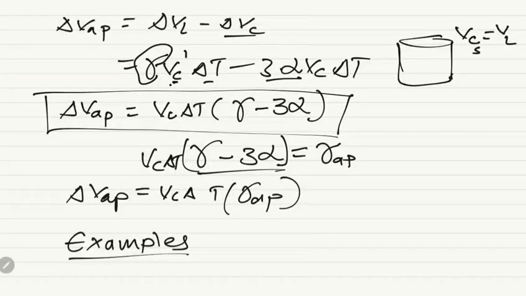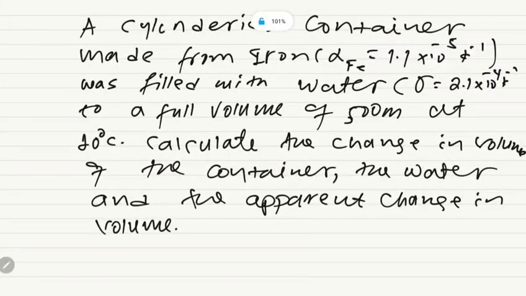Okay, now let us see the example. It says a cylindrical container made from iron, coefficient of linear expansion is 1.1 times 10 to the power of minus 5, is filled with water. The volume expansion coefficient of water is given.